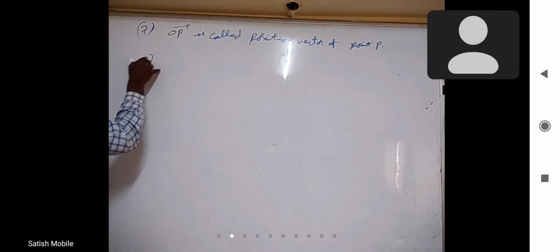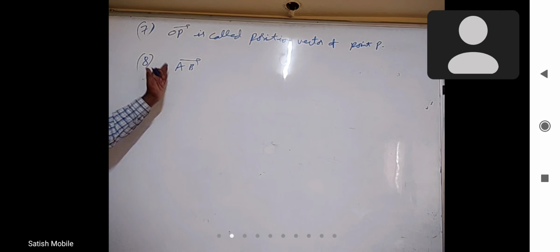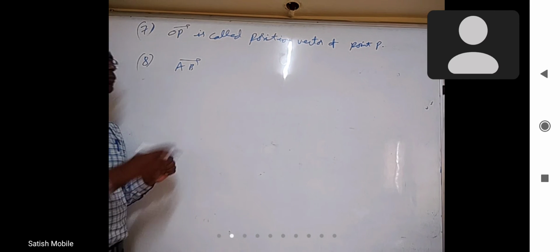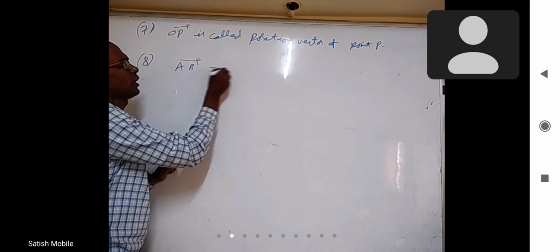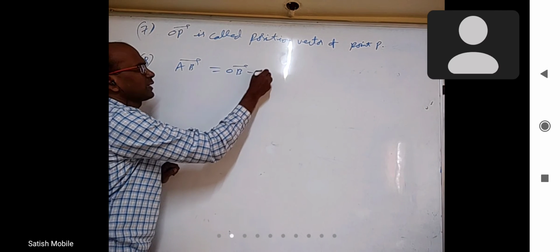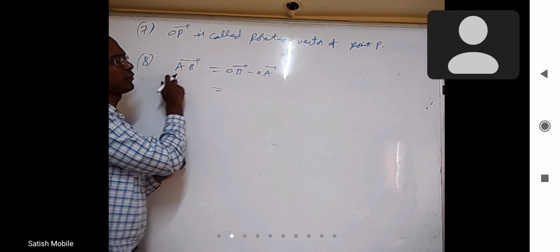Okay. Now, whenever you want a vector joining A and B, I can give the position vector of point A, point B, point C, point D. If you want AB bar, it is OB bar minus OA bar. That is, position vector of the second point minus position vector of the first point.